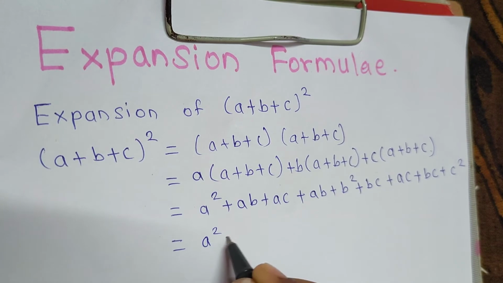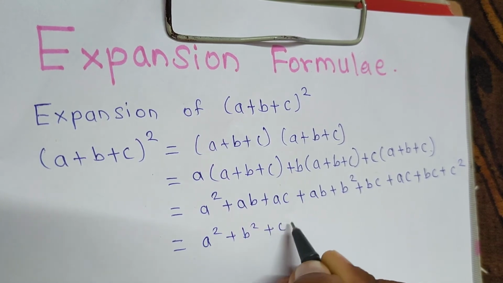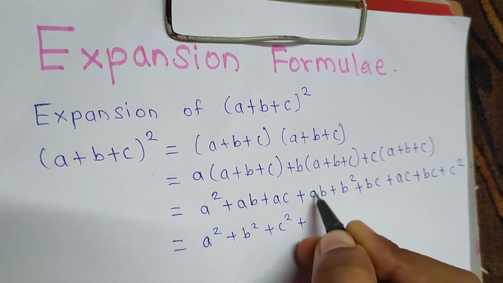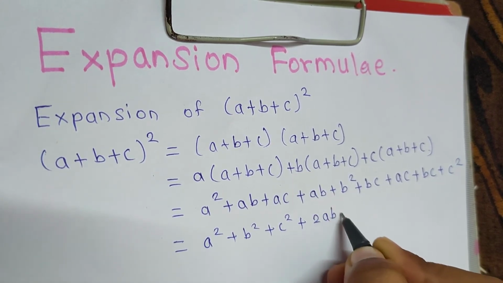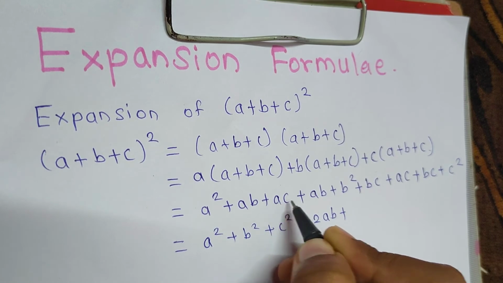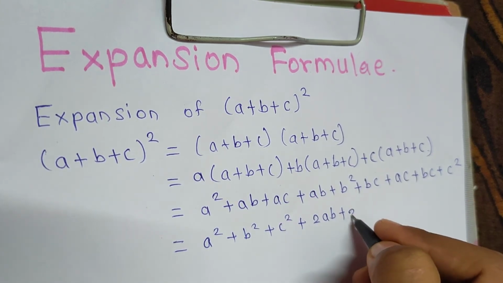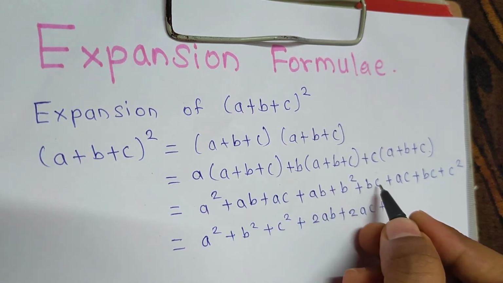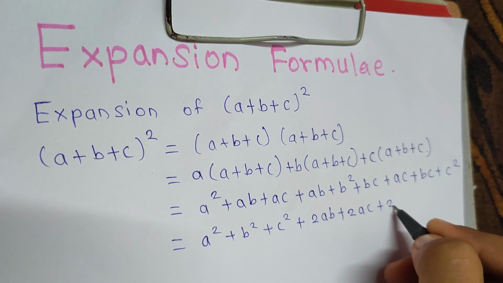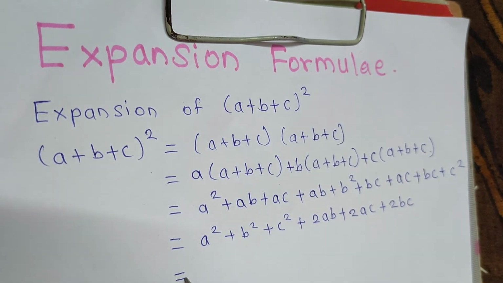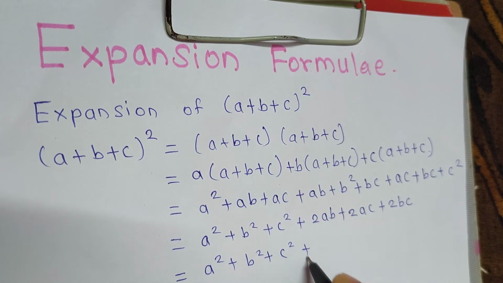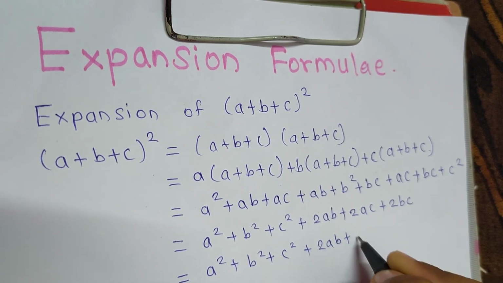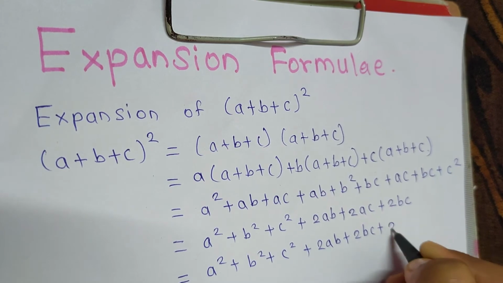So a square plus b square plus c square plus this ab plus ab, 2ab, plus same way ac plus ac will give you 2ac, plus bc plus bc will give you 2bc. Write it in proper way now: a square plus b square plus c square plus 2ab plus 2bc plus 2ac.